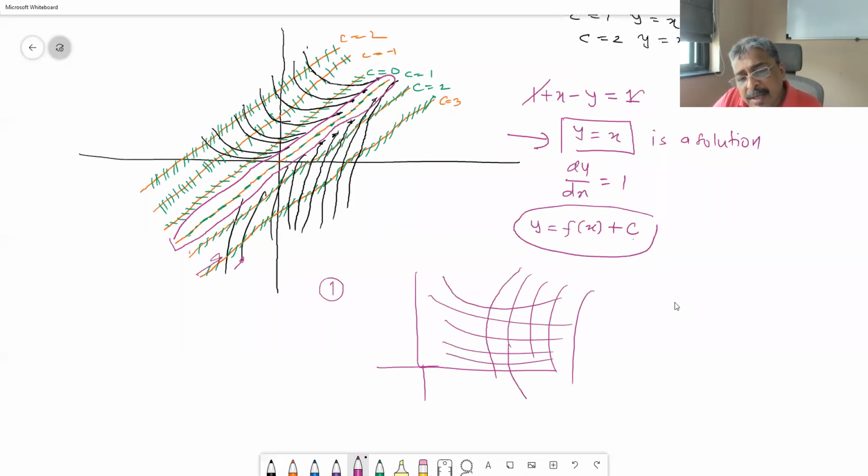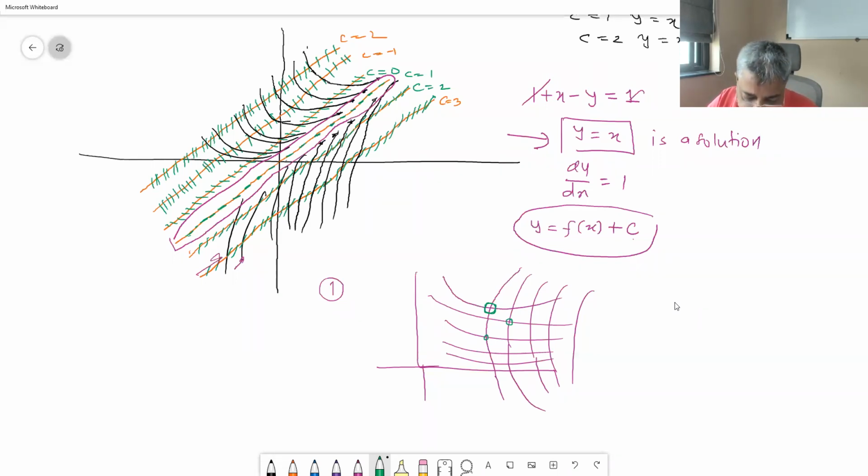It is always possible that you end up having solutions or integral curves like this, and in that case, if you try to find out the slope of the tangent at this point, or at any point of intersection of the two curves, you won't be able to get a specific value of tangent, because at that point there is a problem in drawing the tangent. That means differentiability at that point is not available. So if the curves intersect, then we might not get the slope at that point.